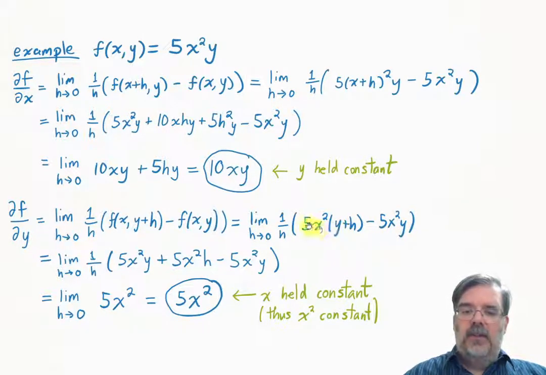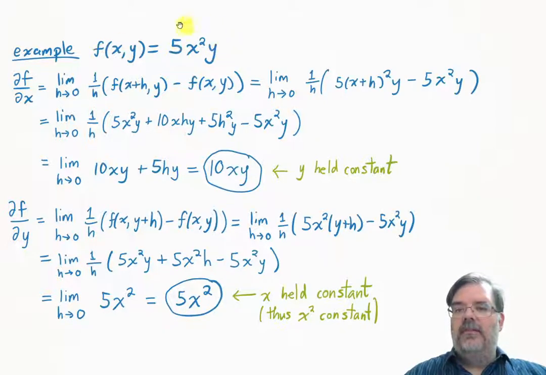And in this case, you can distribute that through. And again, the 5x squared y and the minus 5x squared y are going to cancel. The 1 over h cancels out that h. And you're left with the limit as h goes to 0 of 5x squared. But in this case, there's no h to get smaller, so the answer is just 5x squared.